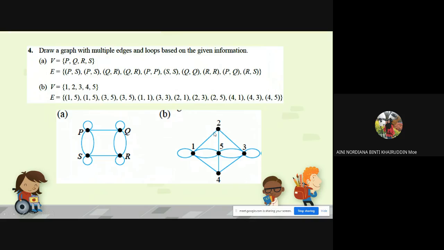Then one edge from 2 to 1, and 2 3, 2 5, 4 1, 4 3, and 4 5.